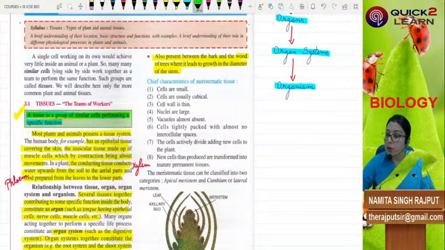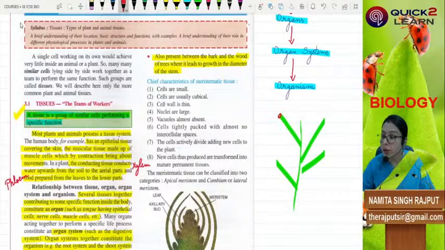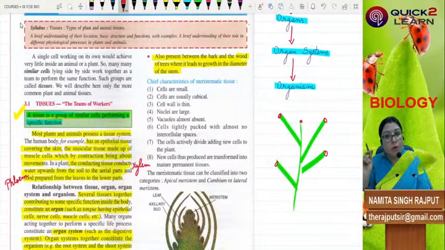If this is a stem and these are the branches, where will the meristematic tissues be present? They will be present at the apex, at the tips of all the stems and all the branches, and they will add to the length of the plant.